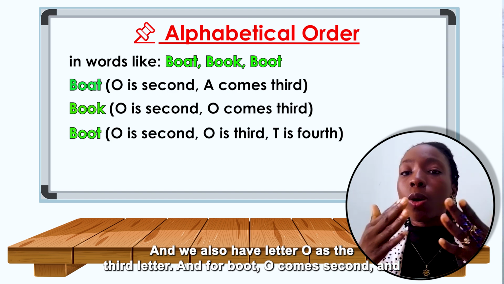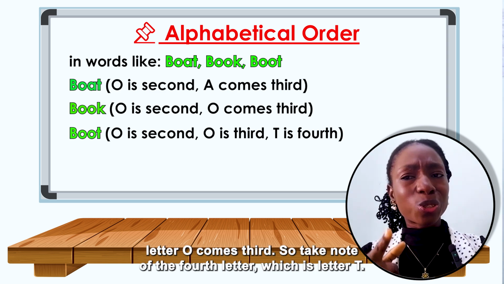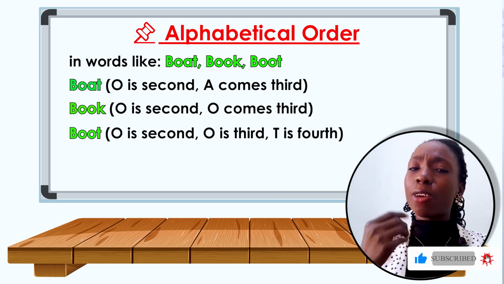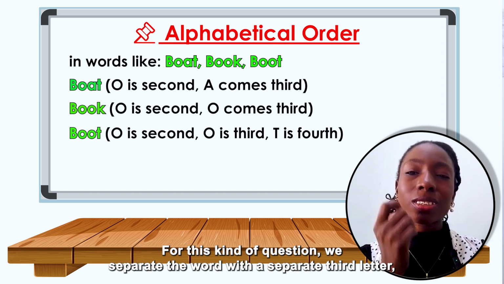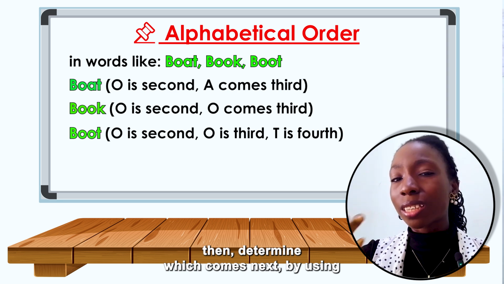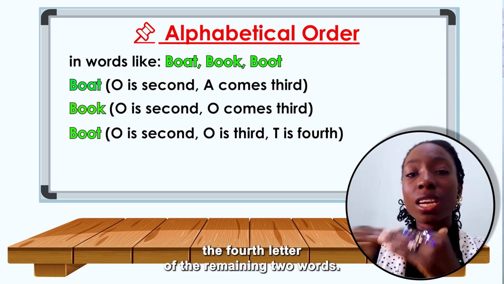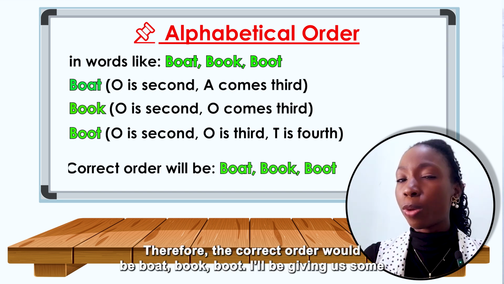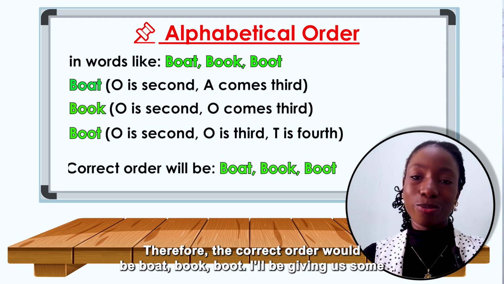And for boot, O comes second, and letter O still comes third. So, take note of the fourth letter, which is letter T. For this kind of question, we separate the word with a separate third letter. Then, determine which comes next by using the fourth letter of the remaining two words. Therefore, the correct order will be boat, book, boot.